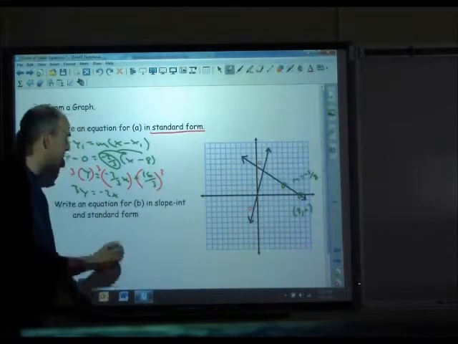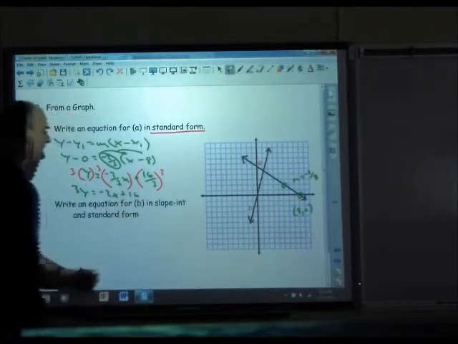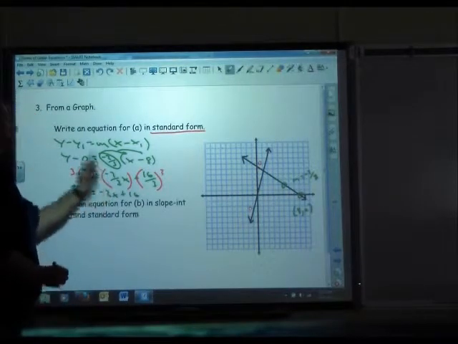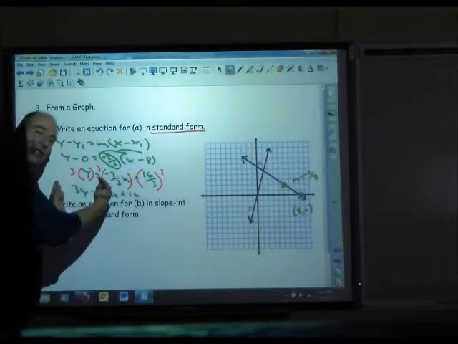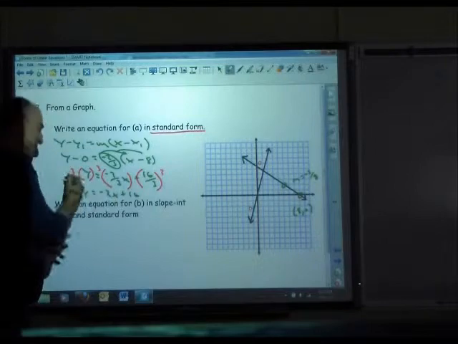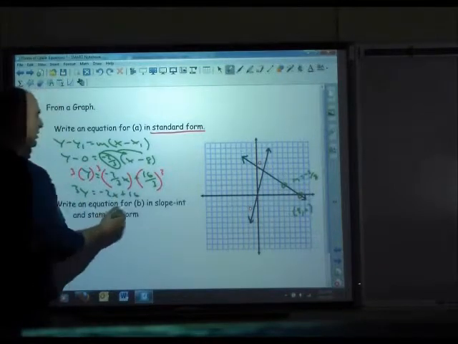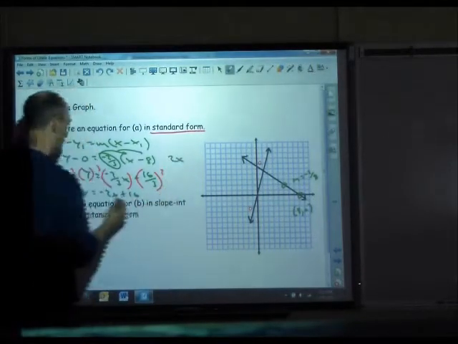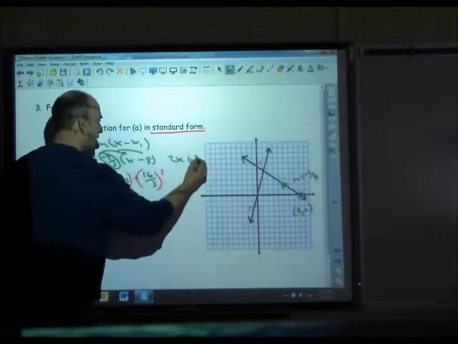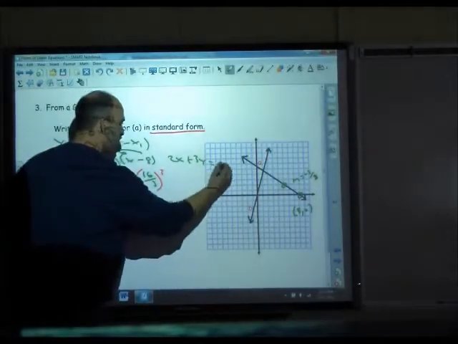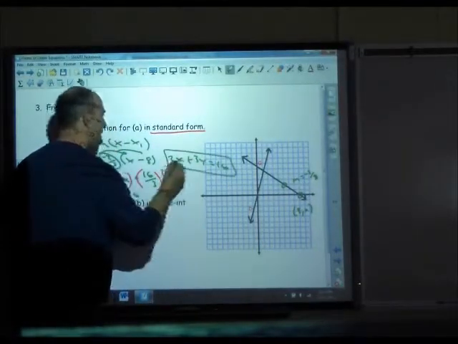These 3's reduce, positive 16. And now it's simply a matter of tossing this x term over here with the y term to get standard form, it turns into its opposite. So when it's all said and done, positive 2x plus 3y equals 16.